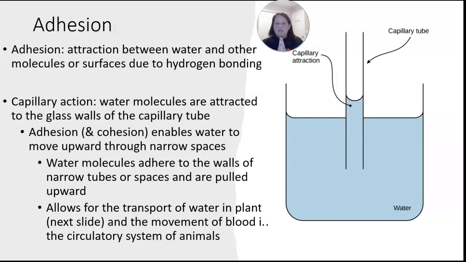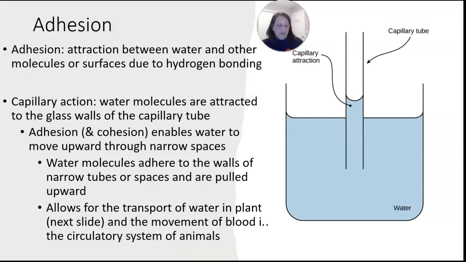So the water molecules are going to be sticking to the sides of that glass, and they're also sticking to each other, okay? They're going to be pulled upwards. If we have a small tube, like a capillary tube, there's a natural tendency for that water to stick to the sides and be pulled up.